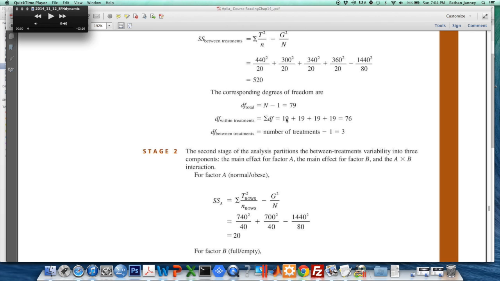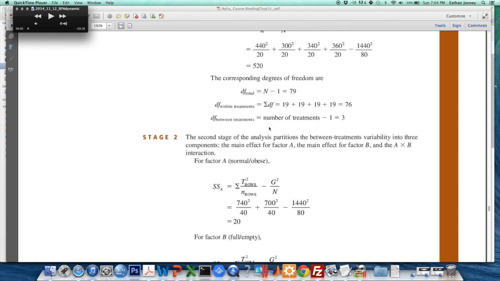You can also think about this as big N minus k, right? That's big N being 80 minus k, the number of treatments, which is 4, and that would give you the same value. And finally, df between treatments is the number of treatments minus 1. So in this case, we had 4 different treatments, various combinations of factor A and factor B, and we just subtract 1, and we would get a between treatments degrees of freedom of 3.